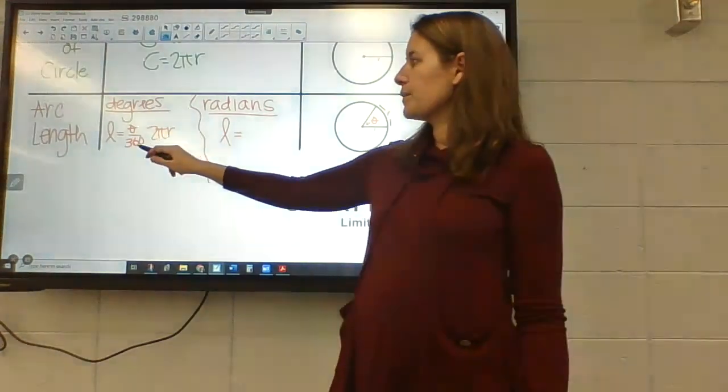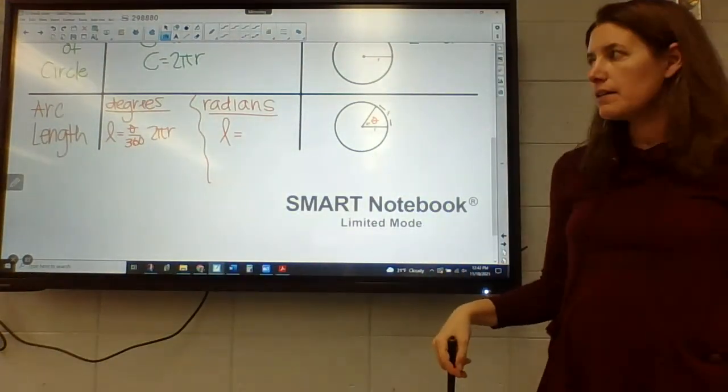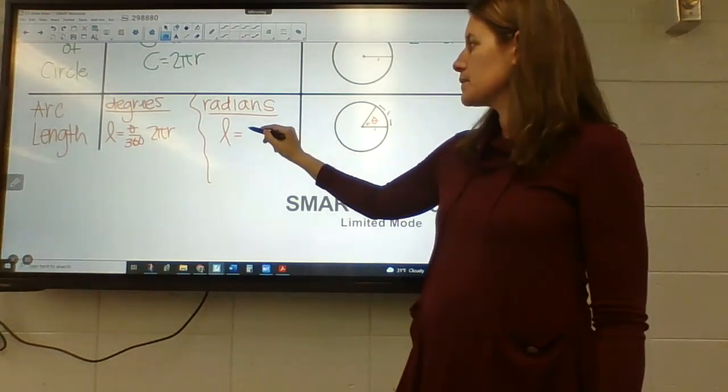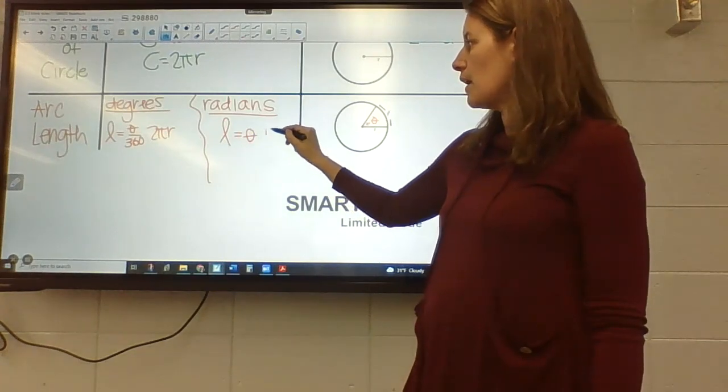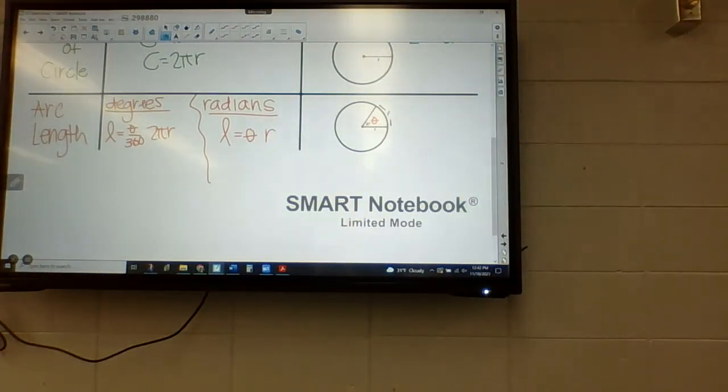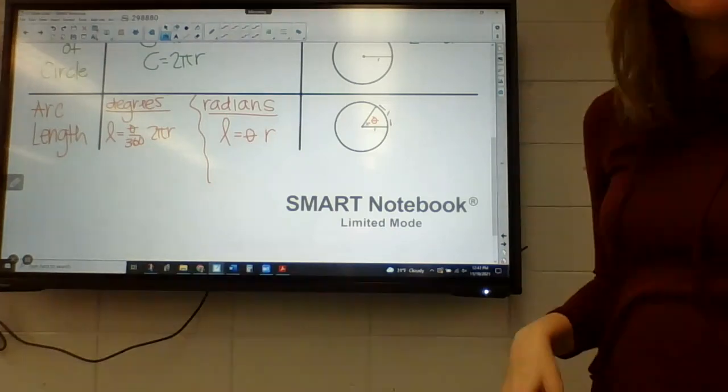The 2 pi over 360 becomes pi over 180. So this just becomes theta times r. So this is why it's helpful, it's really nice if we have it in radians for that.